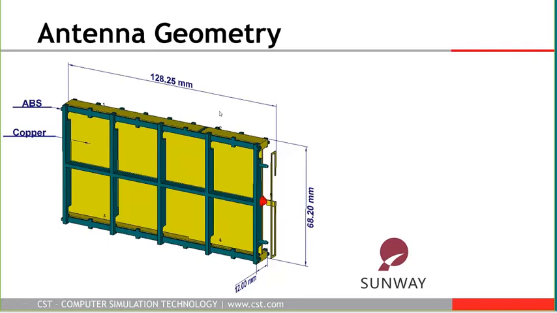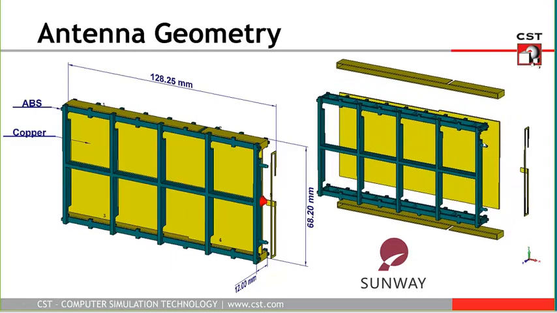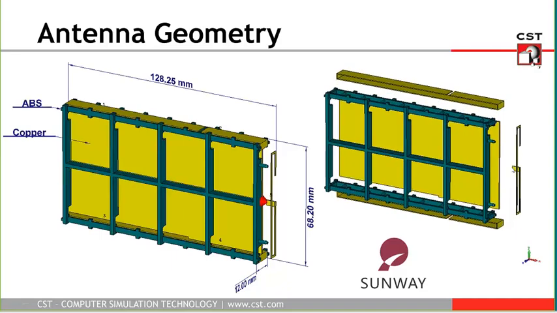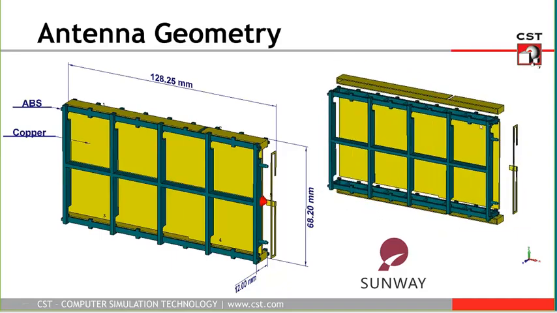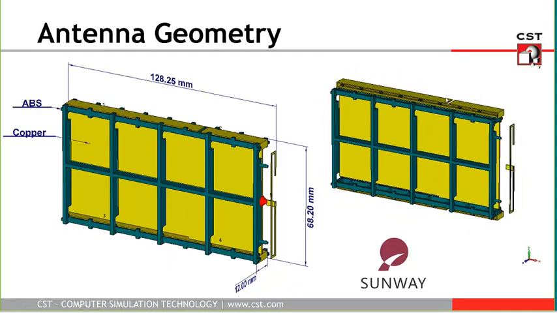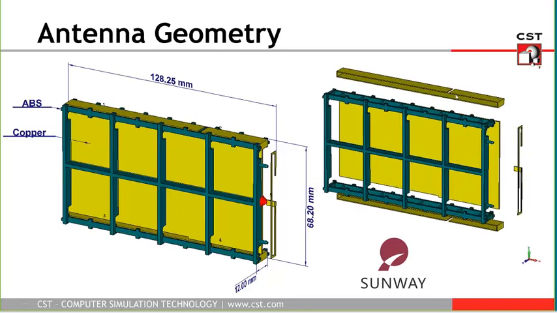The dimensions are displayed here, and if we take a closer look inside the structure, we can see that again there is a primary antenna and there are two strips folded in a certain way which will be used for a diversity operation.